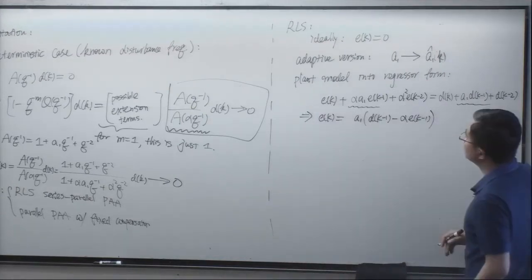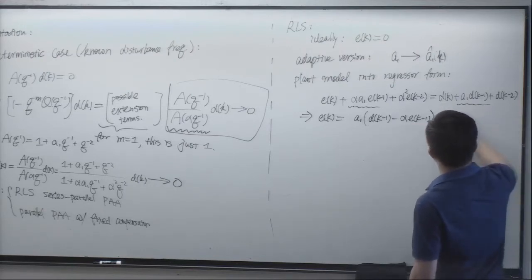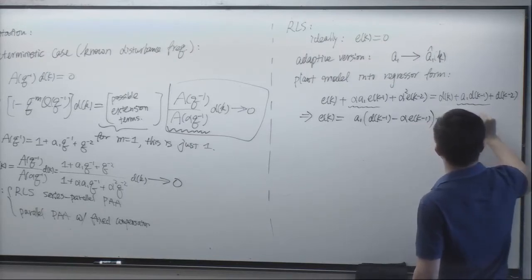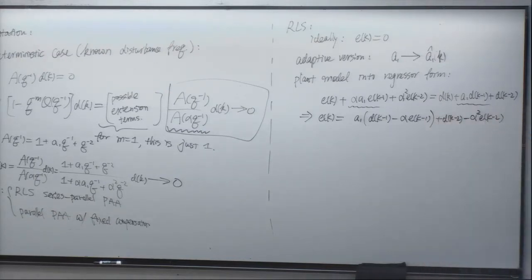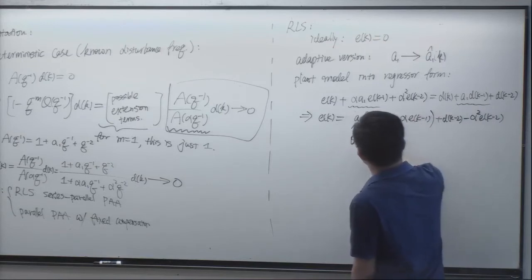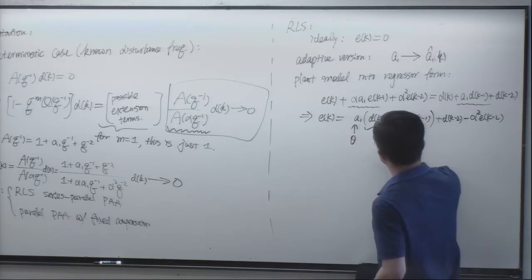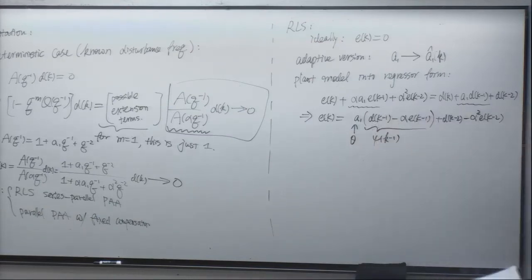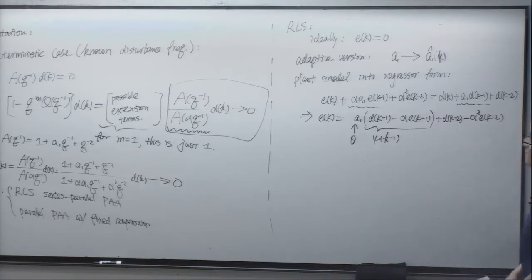This is the unknown parameter and the coefficients. And then plus dk minus 2 minus alpha square ek minus 2. All right, so this would be phi. This is our theta. This is phi k minus 1. All right, so in the scalar case, we don't need transpose. I'm just going to write it this way.